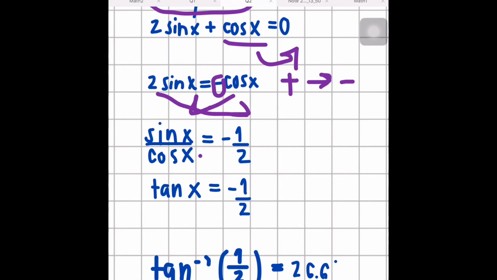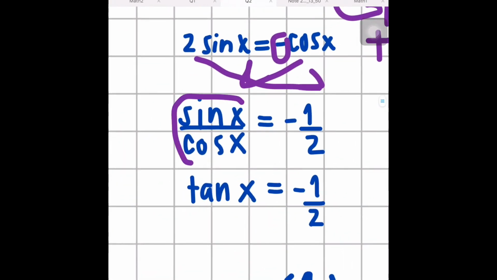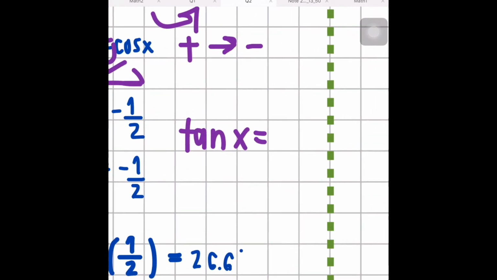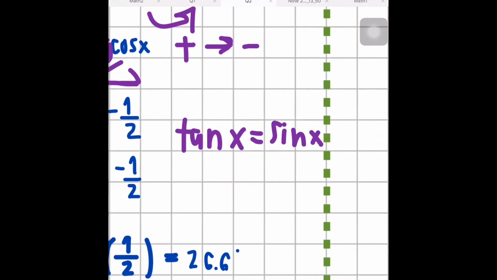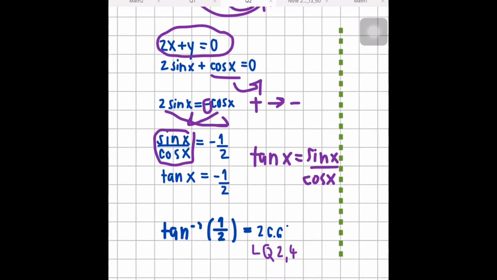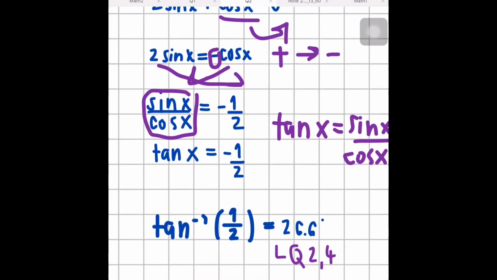And we will use the identity that says tan x equal to sine x over cos x. So sine x over cos x is tan, and we replace it. So tan x equal to negative 1 over 2.